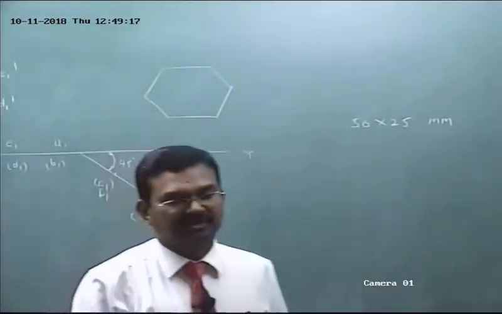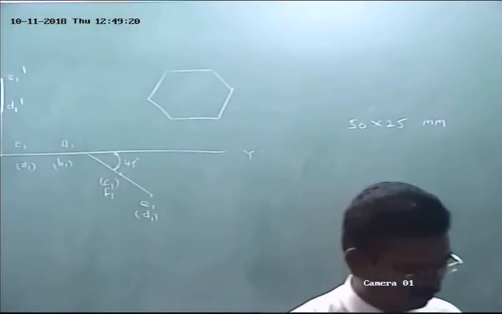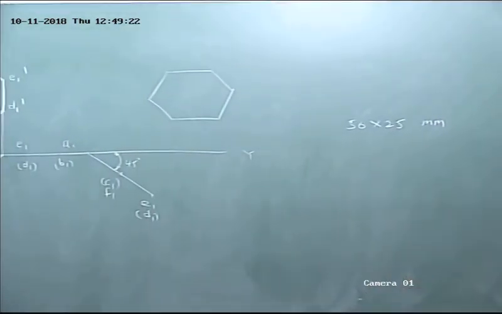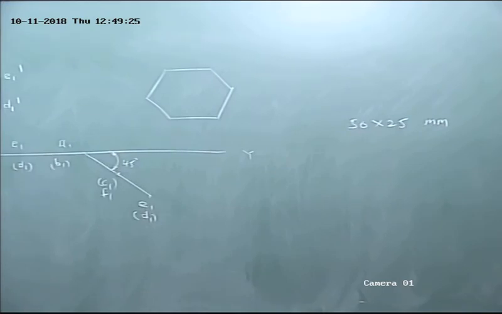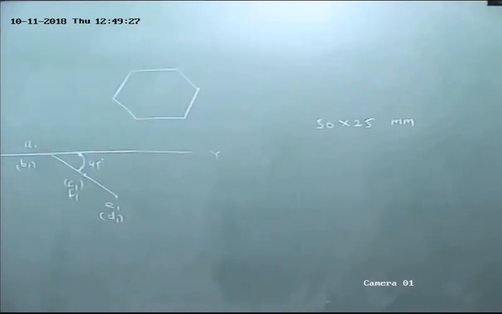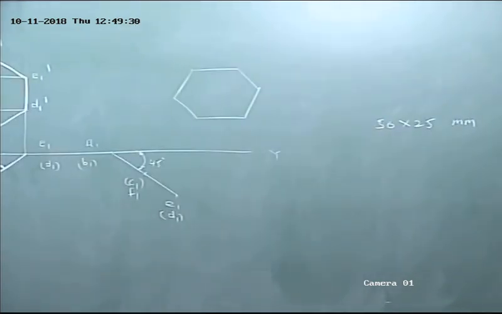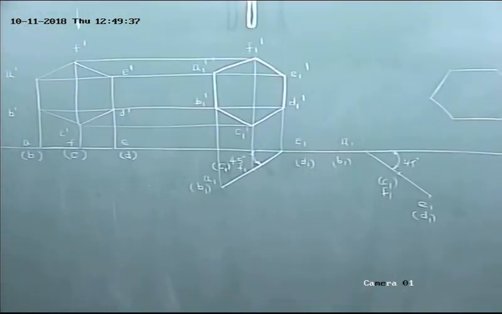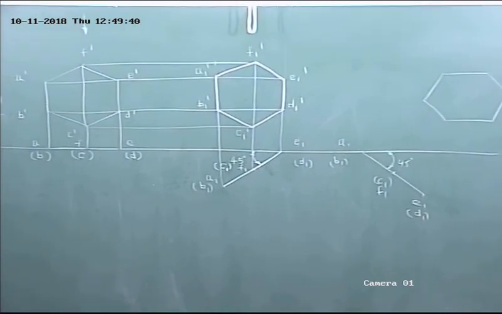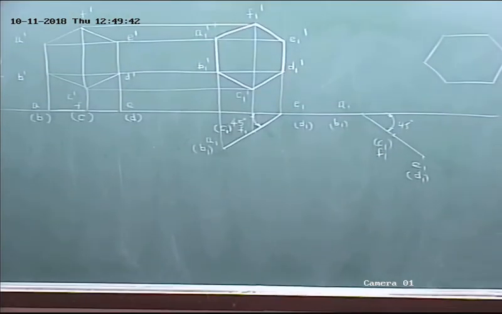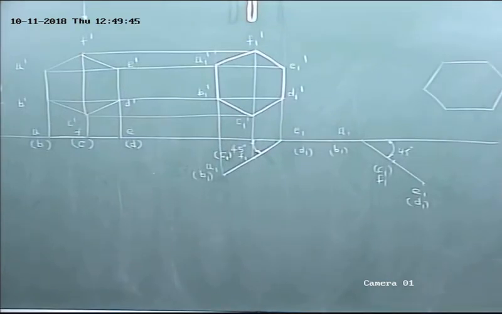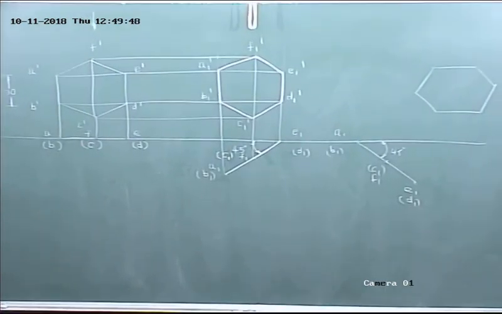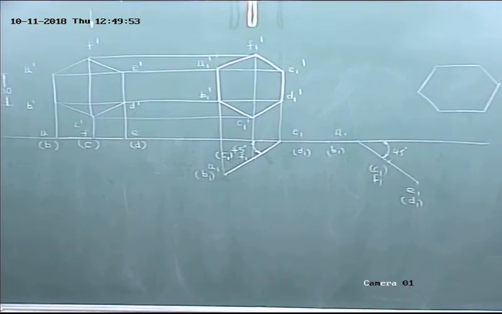So length is 50 mm, breadth 25 mm, is resting on its shorter side on HP and inclined at 30 degrees to VP. Full stop.